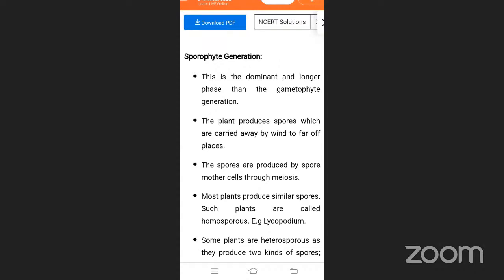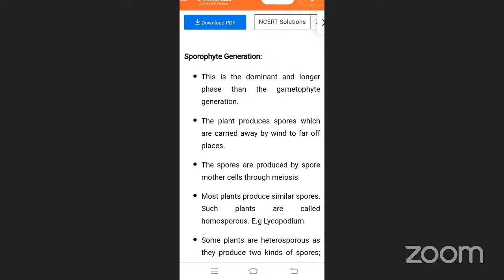Apospory: apo means without, spory means spore. The gametophyte is developed from the sporophyte without spore formation. It may develop from any vegetative cell of the sporophyte, so the reduction division is skipped, and the gametophyte is in the diploid condition.